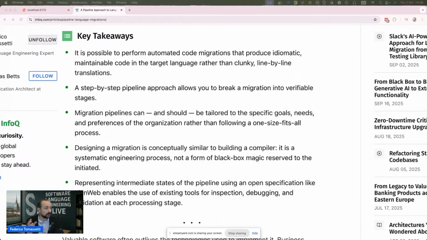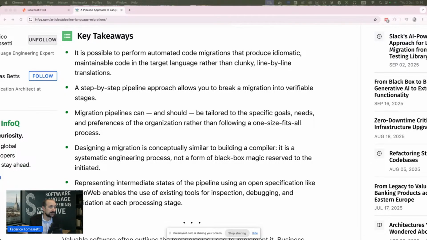Okay, the first takeaway is that it's possible to create automated language migration that produces code that is maintainable and idiomatic. And this is for me a very important point, because I think that some of the approaches used to migrate code have produced code that sort of worked but was terrible to maintain. So you may have heard of the term Jobol to indicate COBOL code migrated to Java that smells like COBOL.